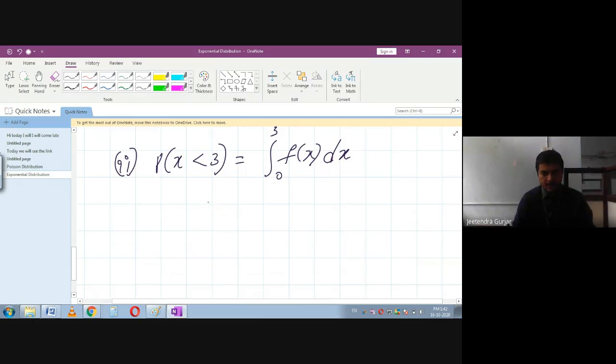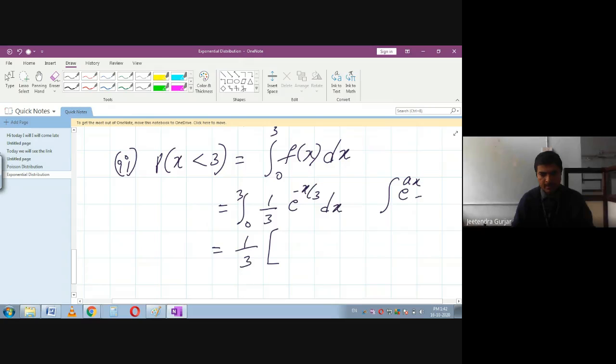From 0 to 3, our exponential function, that is 1 upon 3 e raised to minus x upon 3 dx. So remember this, students. Now simplify this. We get the integration with the 1 upon 3 constant, so I will write 1 upon 3 outside. I have already given the formula: integration of e raised to ax is e raised to ax divided by a. Here a we take as minus 1 upon 3, and x remains x only. So remember this formula.